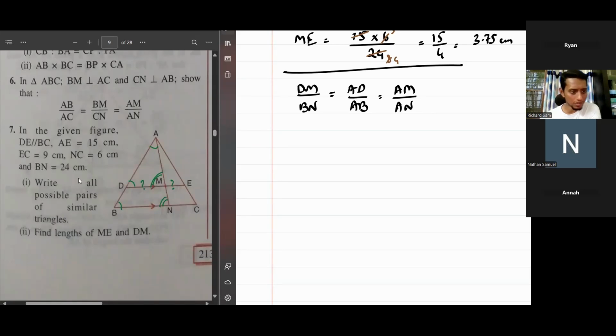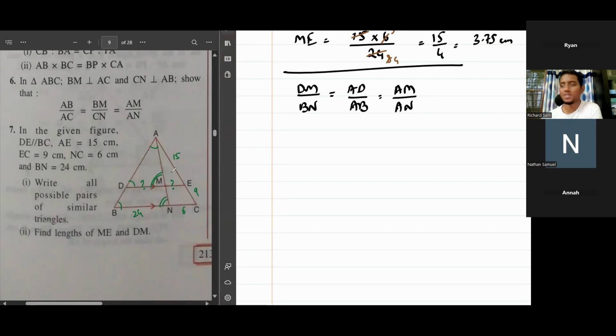Okay, so from this, what all do we have? All right. So AE is 15, EC is 9, NC is 6, BN is 24.